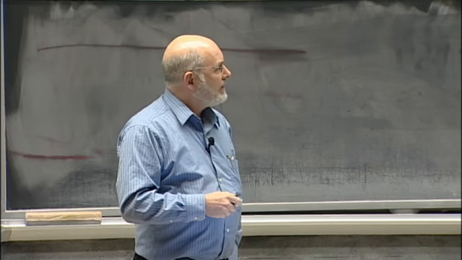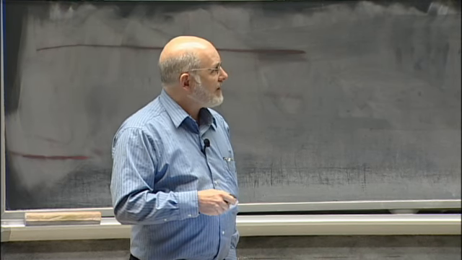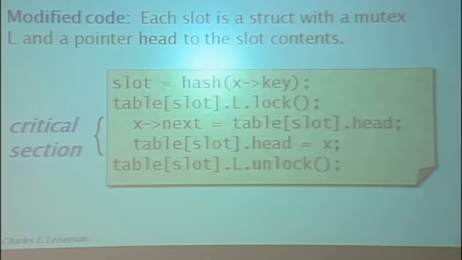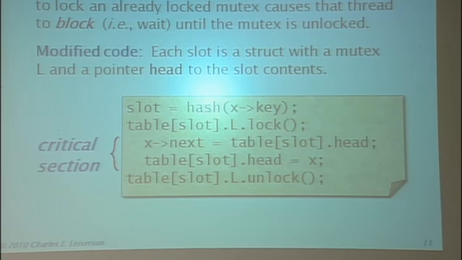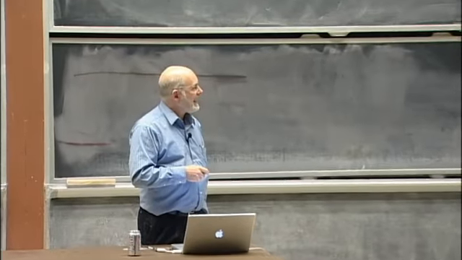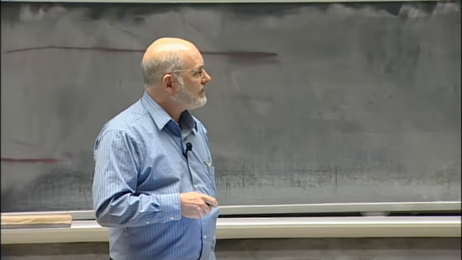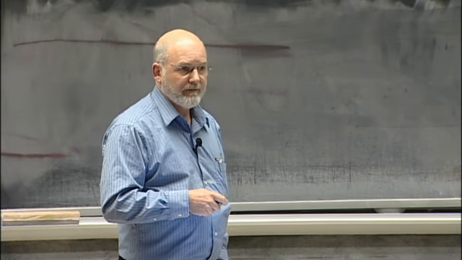Okay? So we grab a lock on the slot, and then we play the same game of inserting ourselves at the head, and then we unlock the slot. Okay? And so that means only one of the two threads in the previous example can actually execute this code at a time.